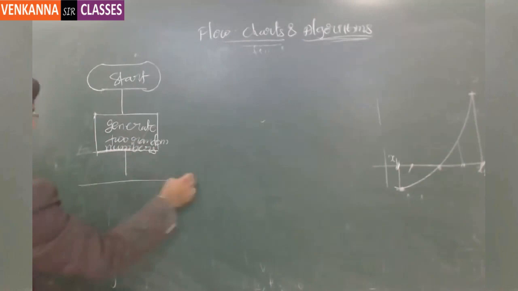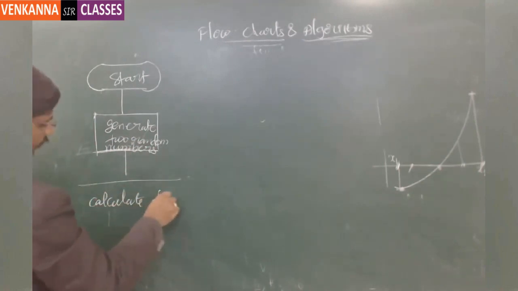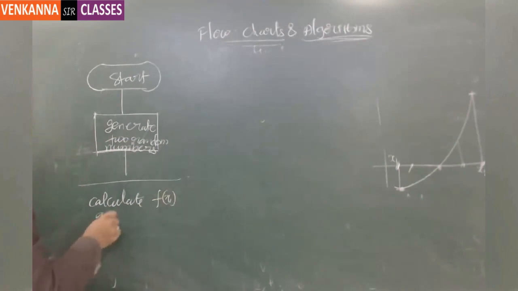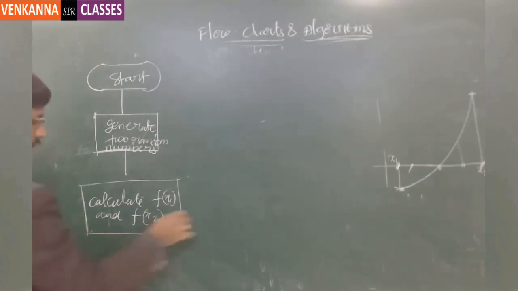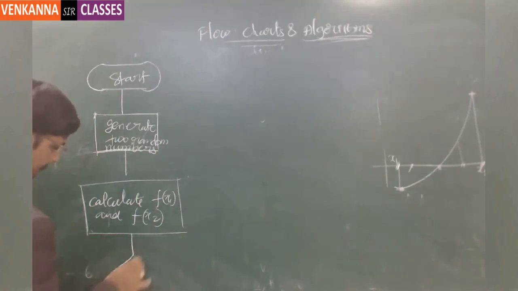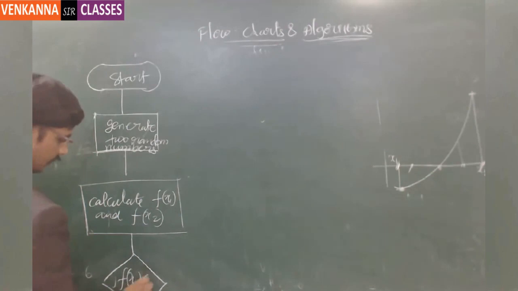And then calculate f of x1 and f of x2. And then you need to check if the product f of x1 into f of x2 is less than 0. So we need to check this condition.